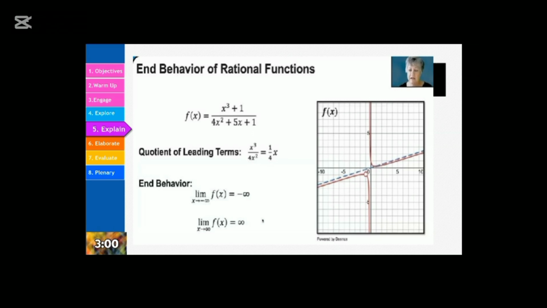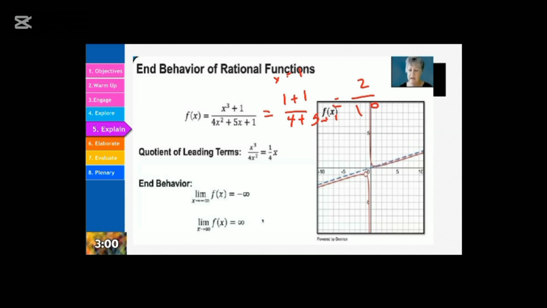If we change x, for example, let's set it to 1. So here it will be 1 plus 1 over 4 multiplied by 1, which is 4, plus 5 multiplied by 1, which is 5, plus 1. So it's going to be 2 over 10. So when x is 1, the answer y will be 2 over 10.